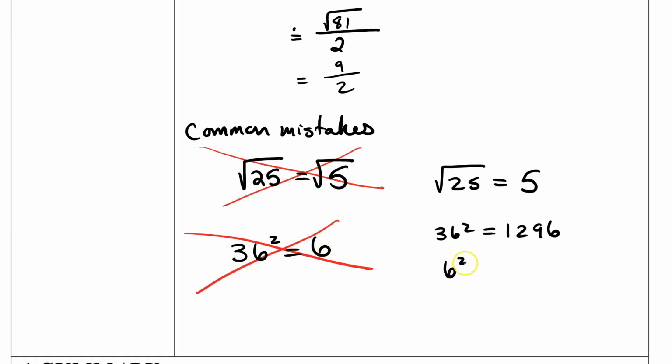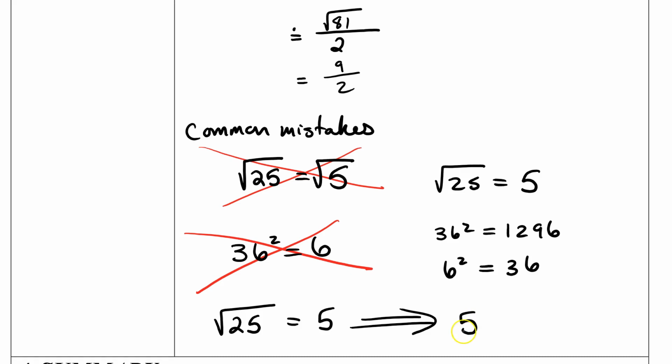But 6 squared is 36. Both of these two things are correct. So we have a relationship here, an inverse relation. If I say the square root of 25, that's 5. Another way that I can express these numbers together is I can say 5 squared is 25. Okay, these are all right. Anything that does not have a red X through it is correct.